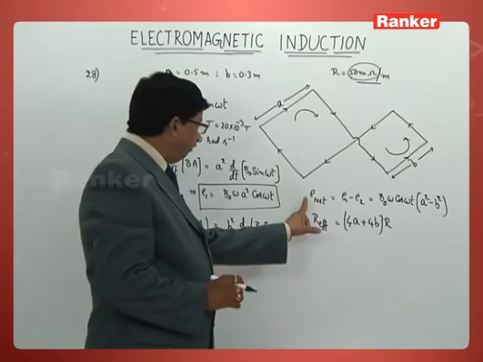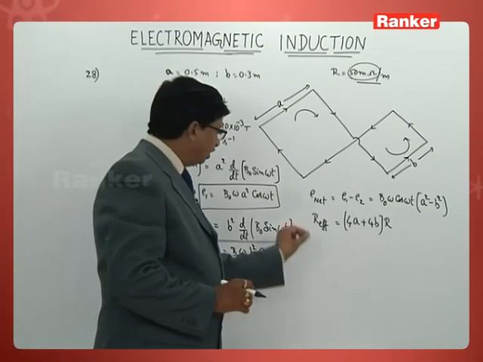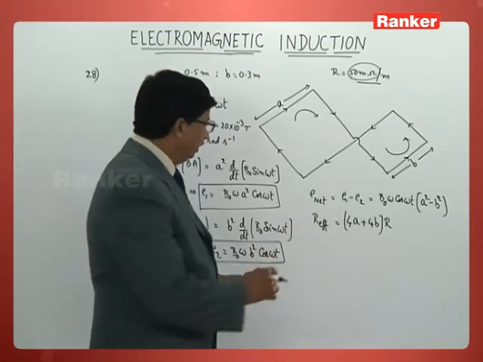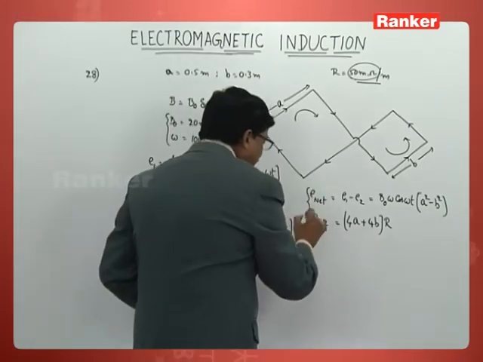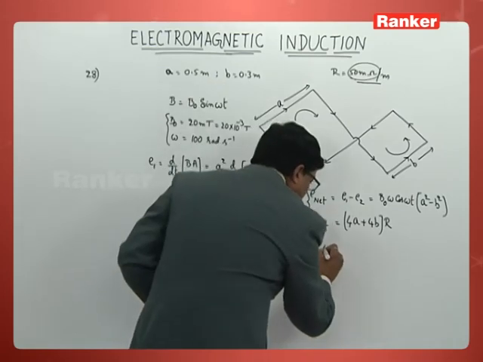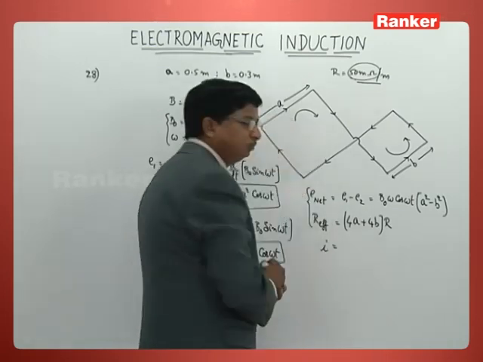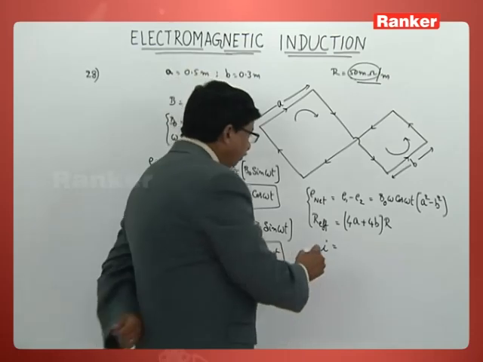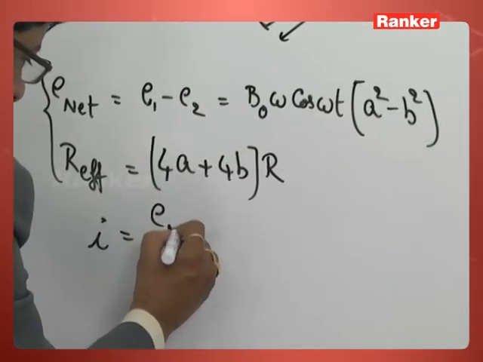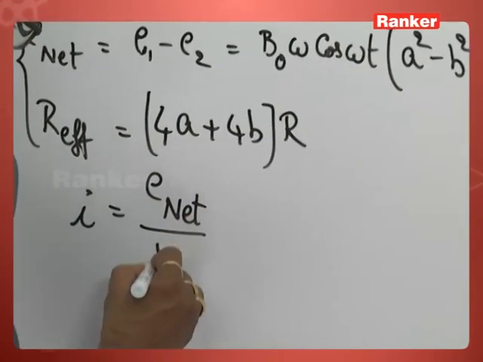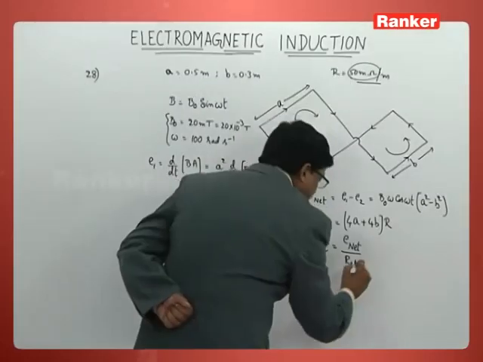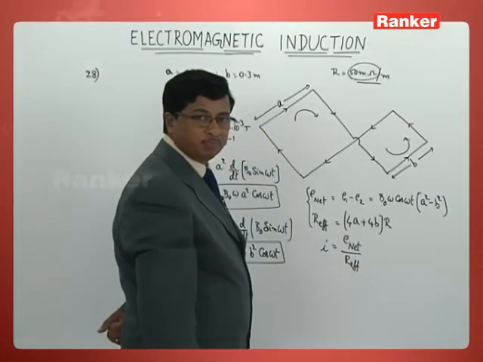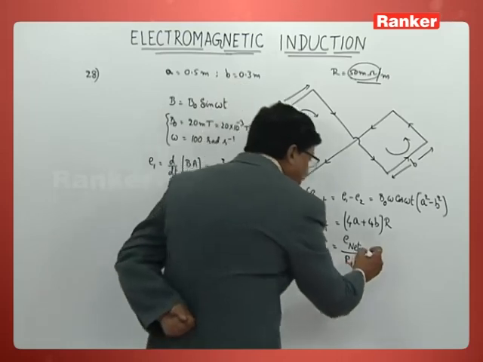So you will be getting the value of E net and the value of R effective. Taking these two, can't you just estimate the value of current now? I is going to be the net value of EMF over the effective value of resistance in the system. So what are you going to get here?